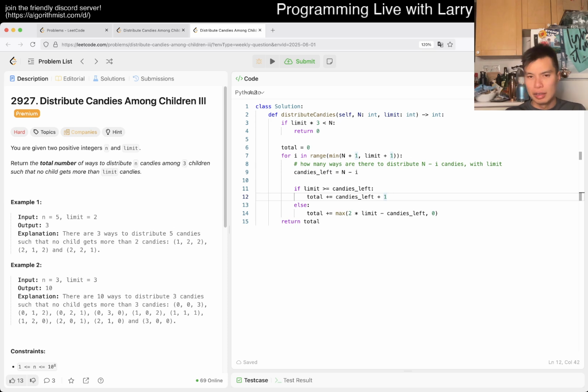Yeah, okay. So I want to roll this in somewhere. That's what I want to do. So if limit is greater than or equal to candies left, then we have this thing, right? So this is also saying maybe if limit is less than candies left, then we do this.